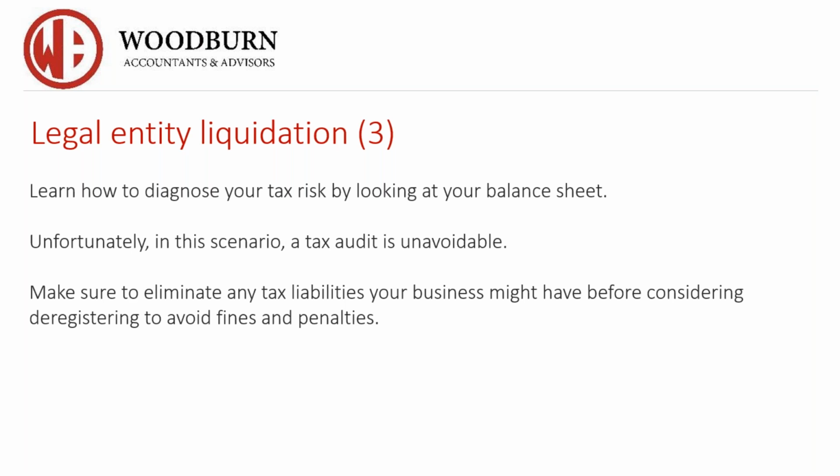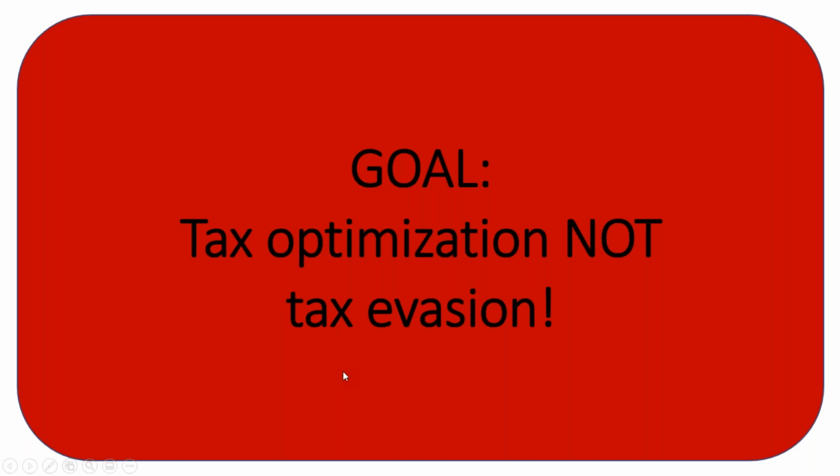But ultimately, you want to make sure that you have at least an in-house accountant or outsourced provider that is protecting your organization and making sure that they're doing the accounts and the tax declarations properly. So obviously the goal is tax optimization, not tax evasion.